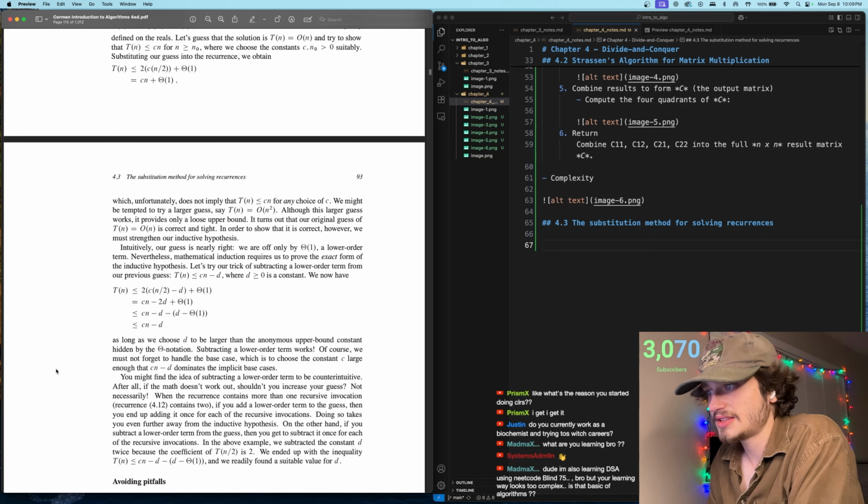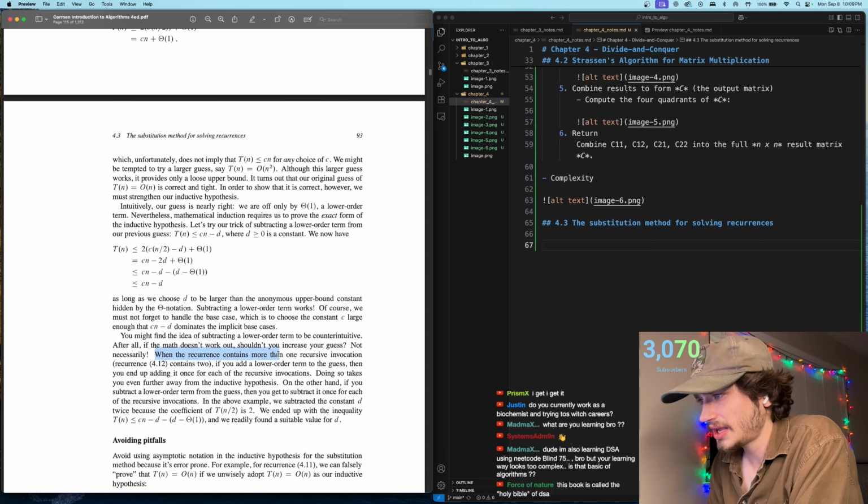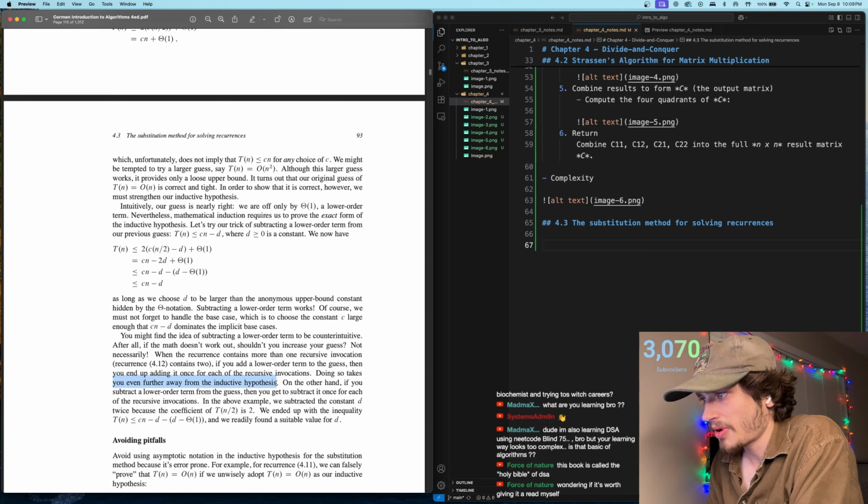You might find the idea of subtracting a lower order term to be counterintuitive. After all, if the math doesn't work out, shouldn't you increase your guess? Not necessarily. When the recurrence contains more than one recursive invocation, if you add a lower order term to the guess, then you end up adding it once for each of the recursive invocations. Doing so takes you even further away from the inductive hypothesis.